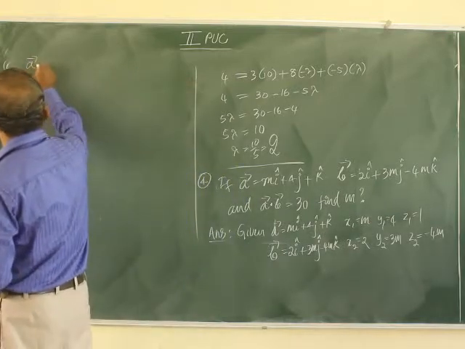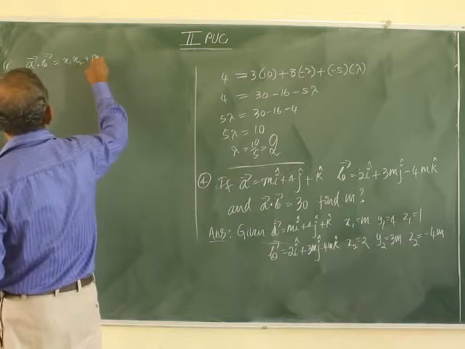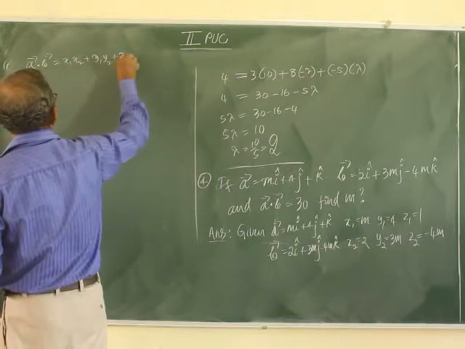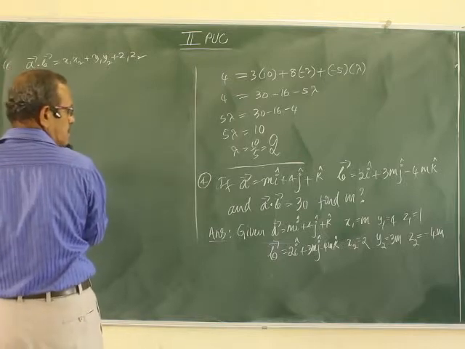A dot B equal to x1 x2 plus y1 y2 plus z1 z2. A dot B is given as how much? 30.